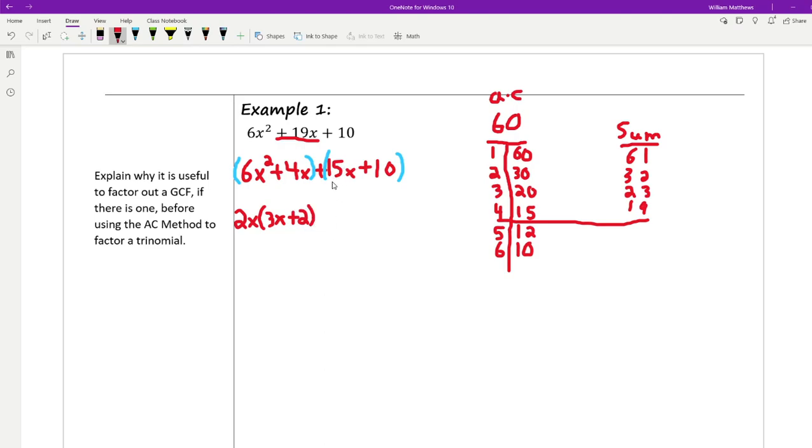We can do the same thing for our other parentheses. If we factor out a common factor, the greatest common factor, it's going to be a positive 5.